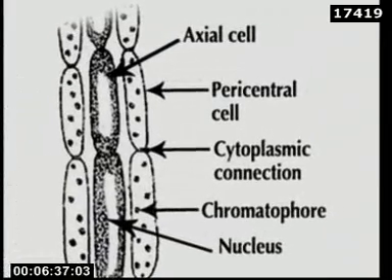The cells of central siphon are large, elongated and uninucleated. They are called central or axial cells. The cells of the peripheral siphon are narrow and are called pericentral cells.